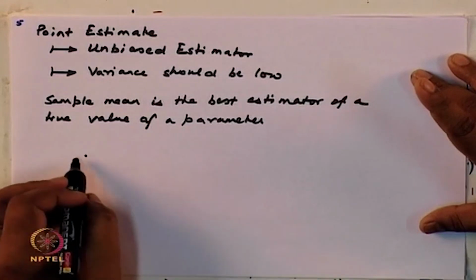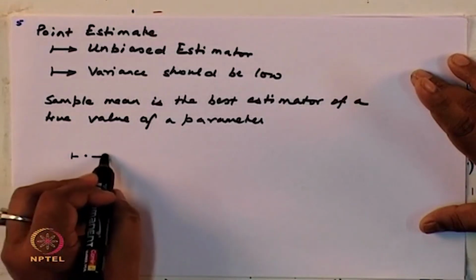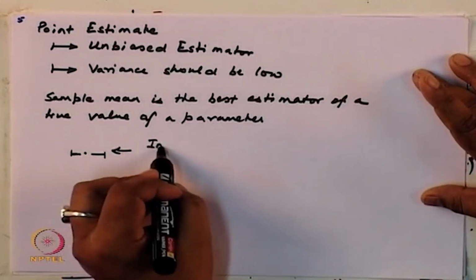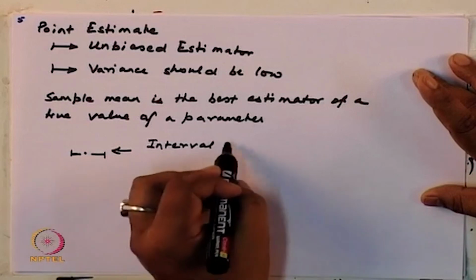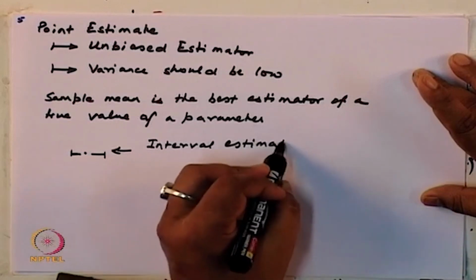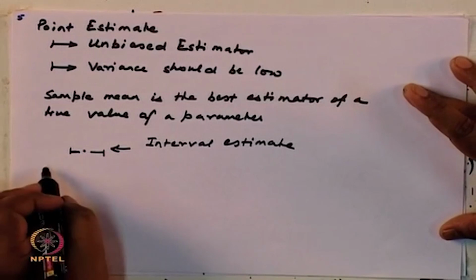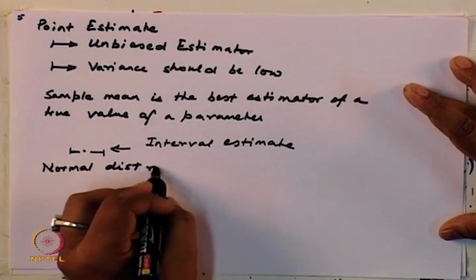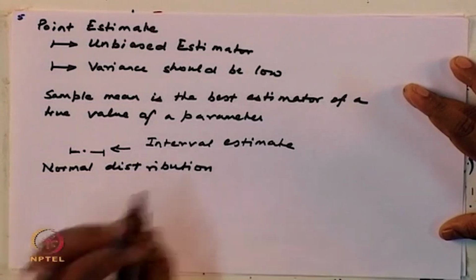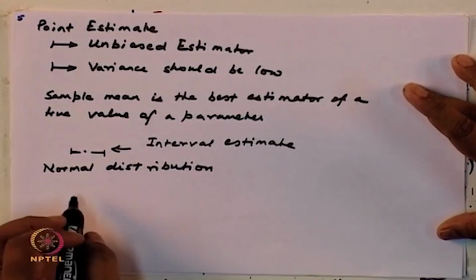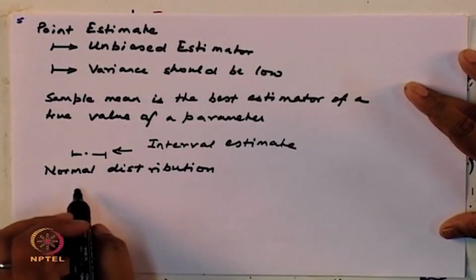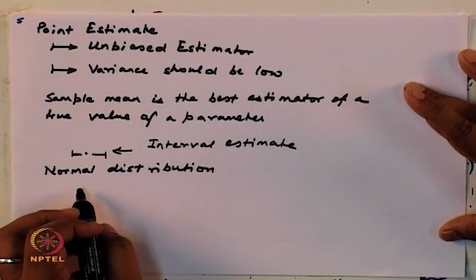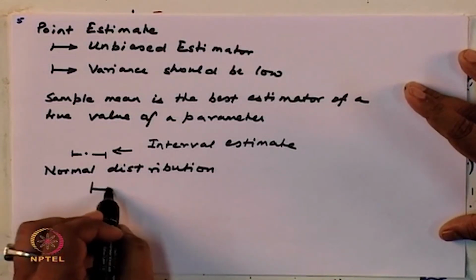it is better to come up with a range, and this kind of range is called an interval estimate. For a normal distribution, we know that between two standard deviations roughly 95% of the data is there.